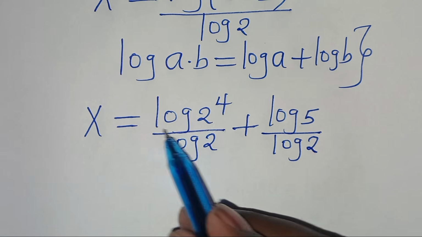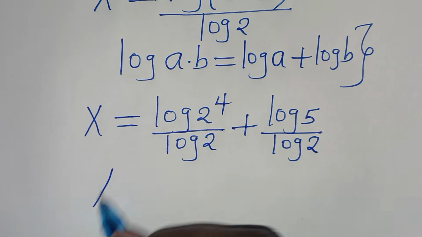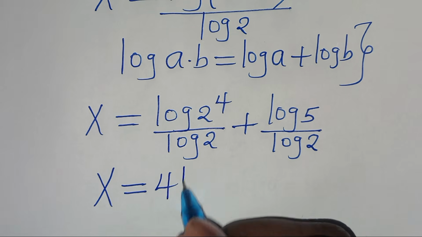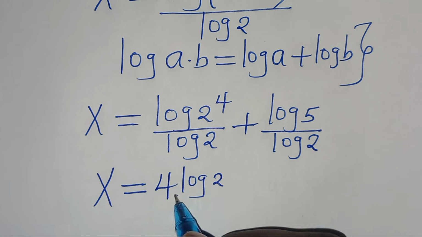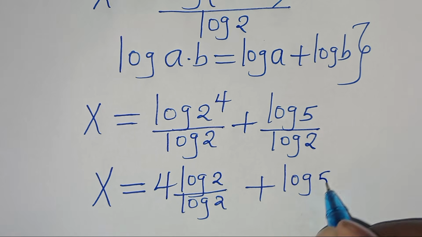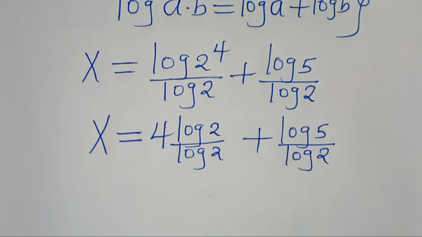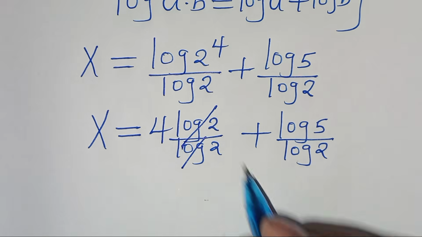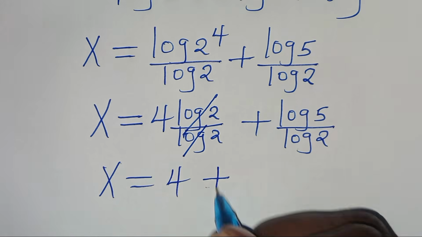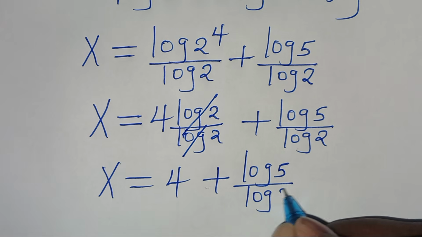Next, let's apply the power log property to log 2 to the power of 4, so that x is equal to 4 log 2 divided by log 2, then plus log 5 divided by log 2. Simplifying log 2 and log 2 here, now x is equal to 4 plus log 5 divided by log 2.